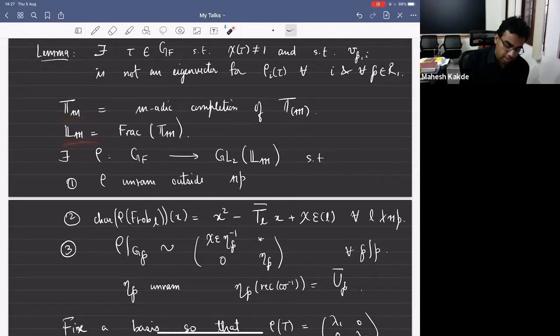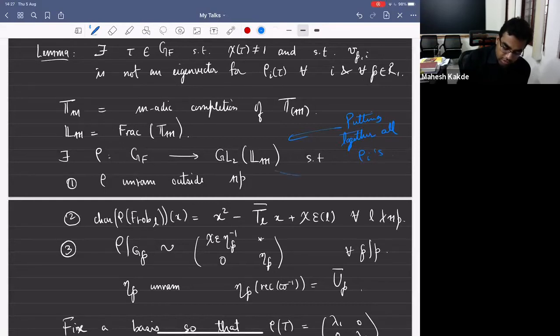And then the total ring of fractions will be L sub M. So this is just putting together all the rho i's. We get this.